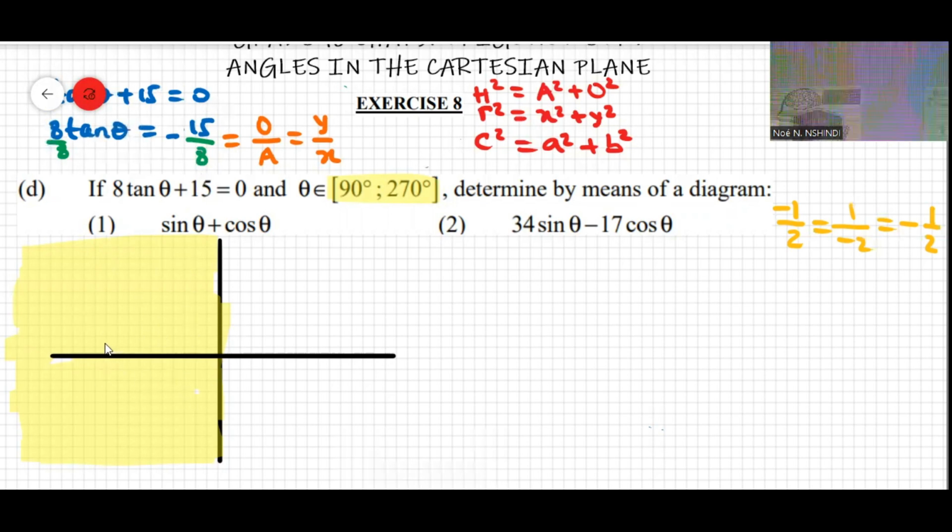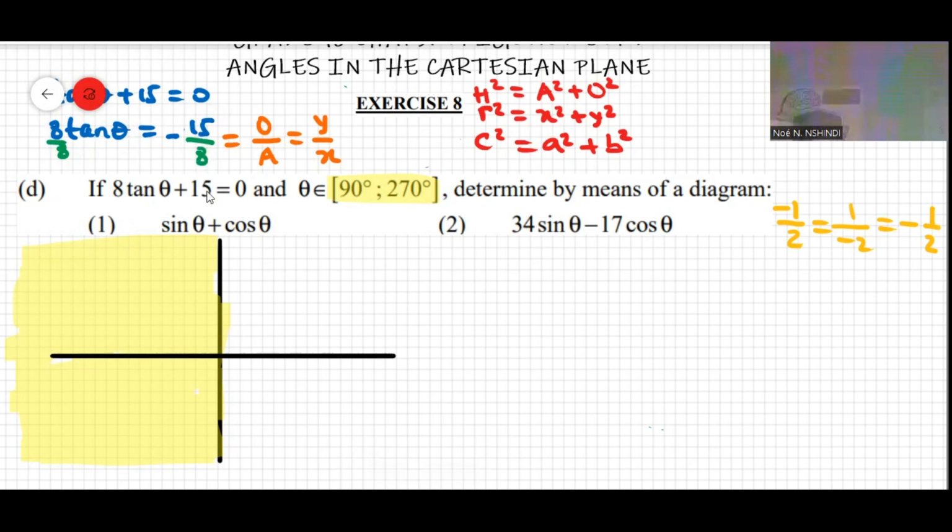If I said it was negative 15, it means the negative 15 is the opposite side, the y, and with a positive 8, the triangle must be in the fourth quadrant. But the fourth quadrant is outside of our range, so it cannot be negative 15.